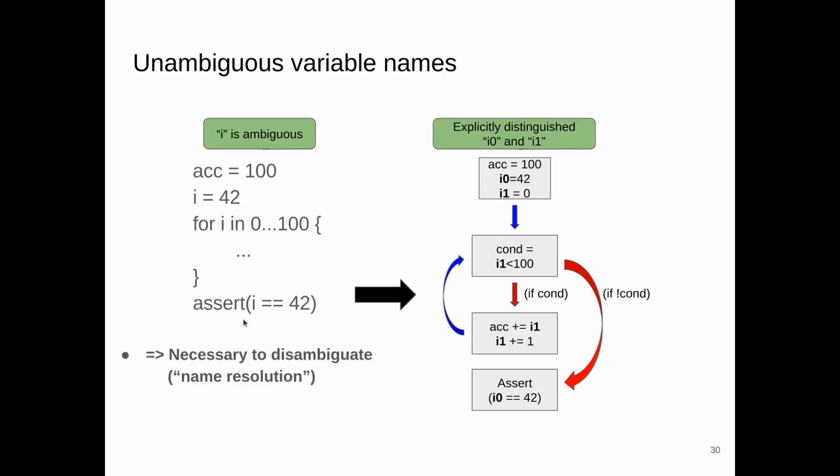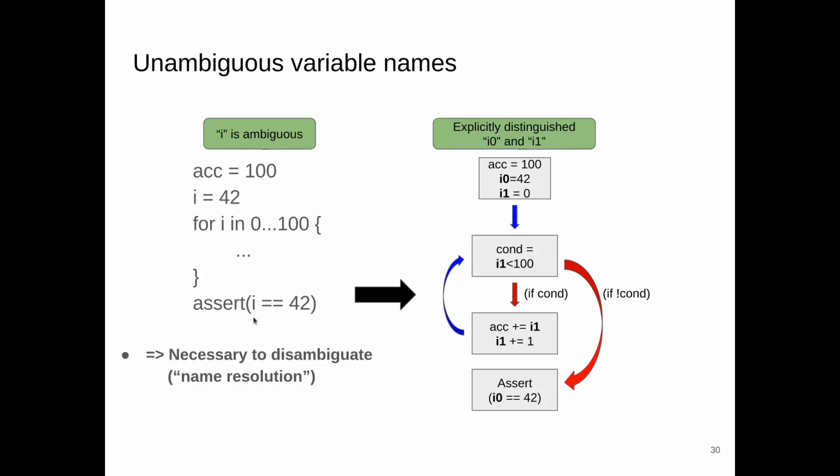But in some other kinds of languages, you cannot reason about the variable name resolution in such a way. For example, in JavaScript, the meaning of this variable I depends on the execution. For example, when you call a function foo from this context, this I should resolve to some global variable.